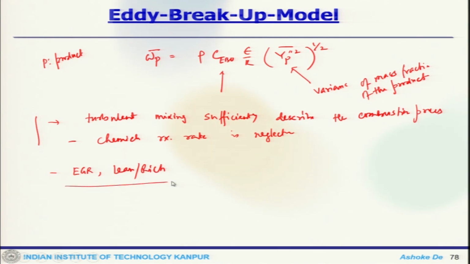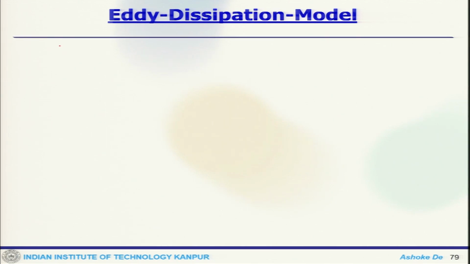Then this model was further developed by Magnussen in 1977, which is called the EDM, eddy dissipation model. So, the first modification was of this eddy breakup model to EDM. What EDM does also has certain assumptions.